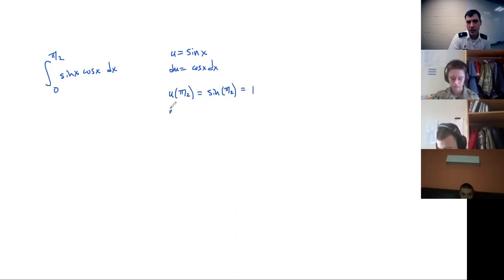And then u of 0 is the same thing as sine of 0, which we reminded ourselves is 0. And then in red here, this is my new upper bound. And this is my new lower bound.